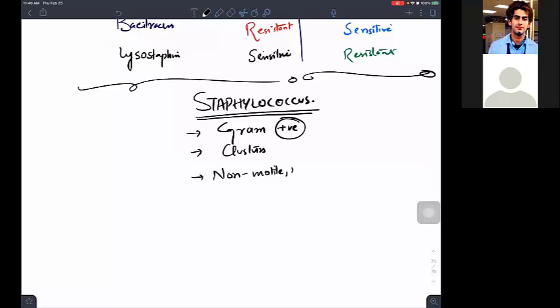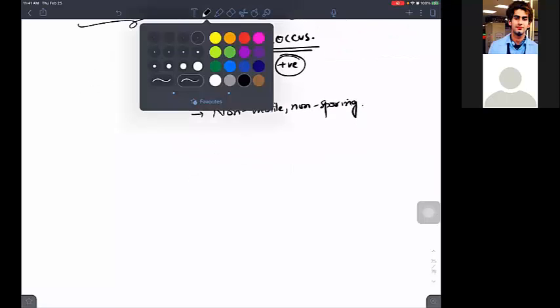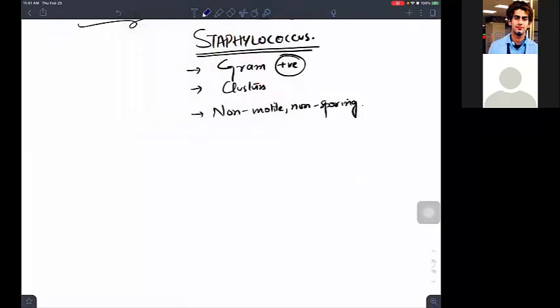Non-motile, non-sporing. I hope you know about the spores. Strictly aerobes or facultative? Facultative, very nice. So they are facultative anaerobes.